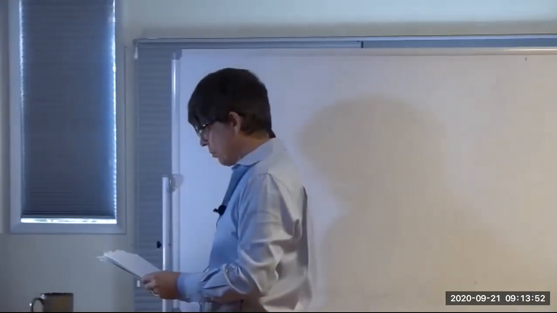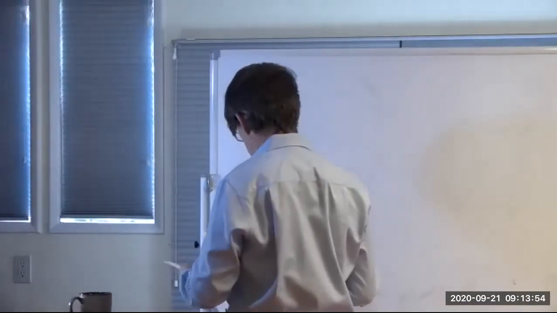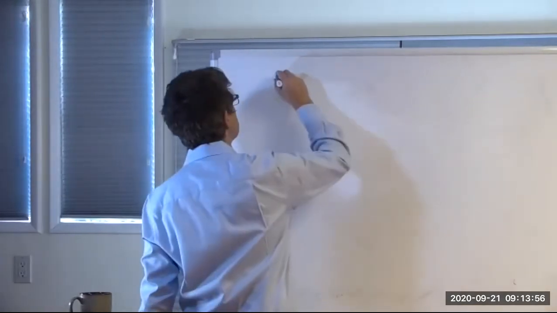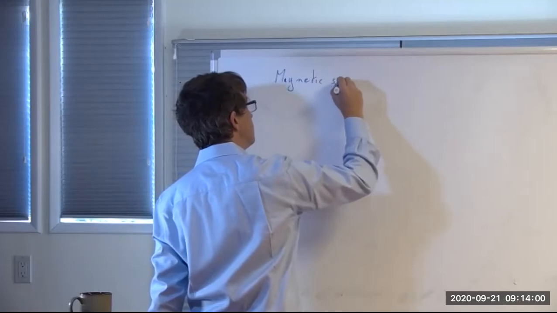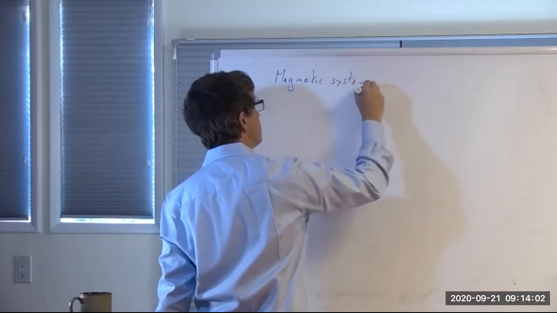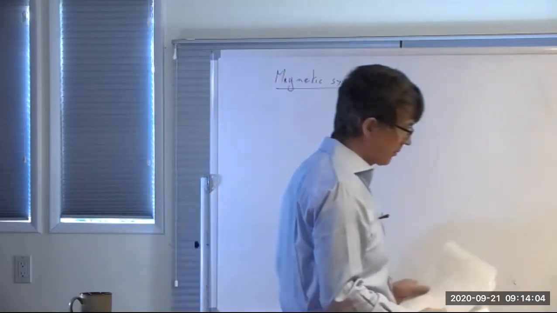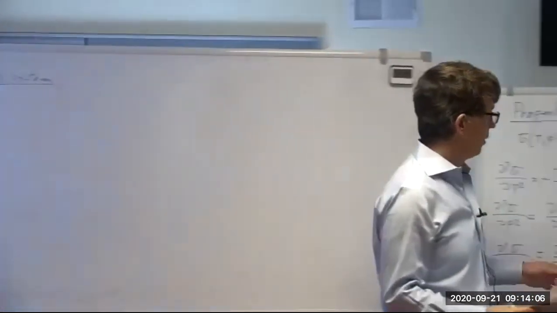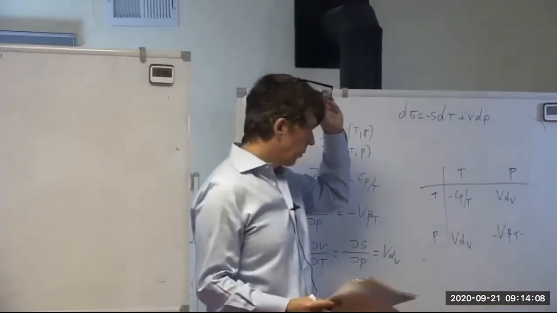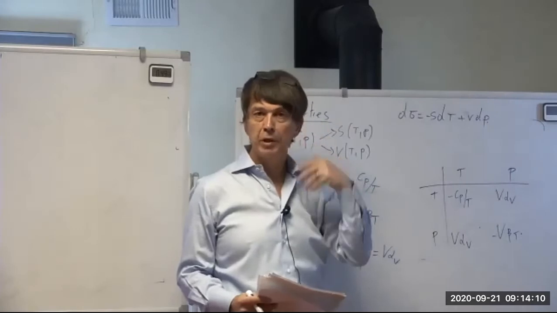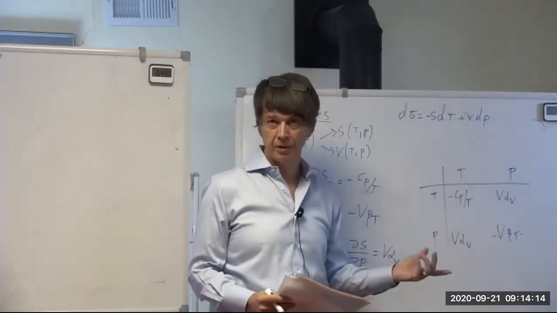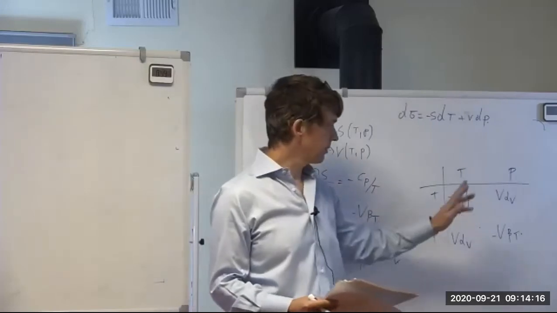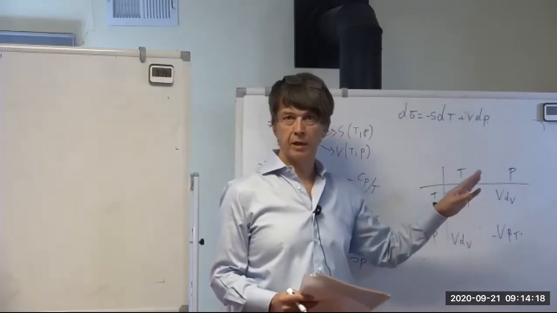To a system with more work variables, for example, a magnetic system. Let me actually come back for a moment to this. What this tells you is that if you have only PdV work, there are only three relevant properties that define the system: heat capacity, thermal expansion, and compressibility.